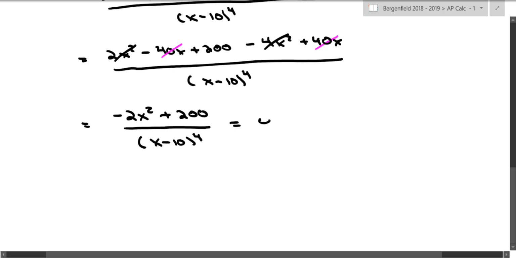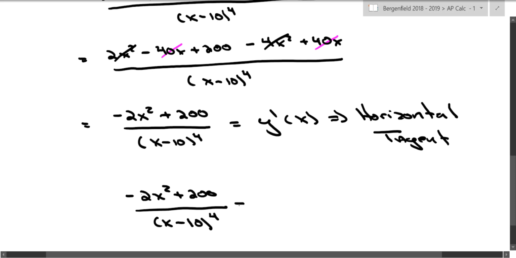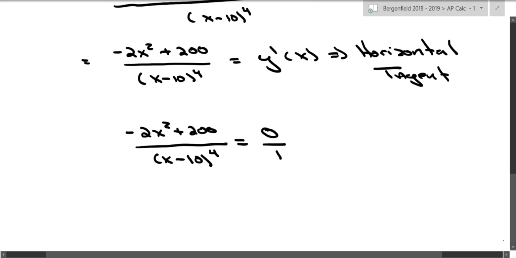Okay, so you found your first derivative. Now remember what you have to do to find a horizontal tangent at this point: you have to take it and set it equal to 0. Now, you'll notice I put a 1 underneath. That's just to get everybody used to cross products.